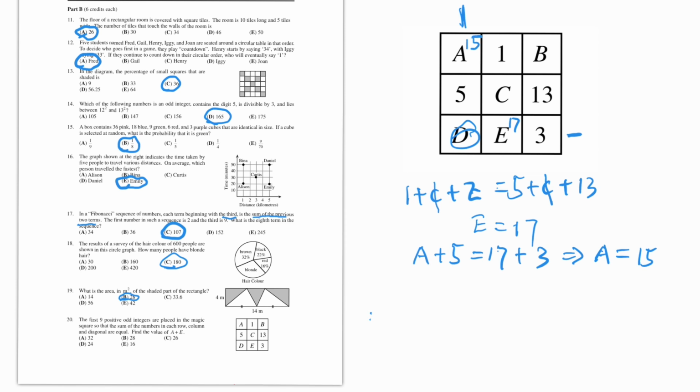Now they ask A plus E. A equals 15, E equals 17, equal to 32. So the answer is A.